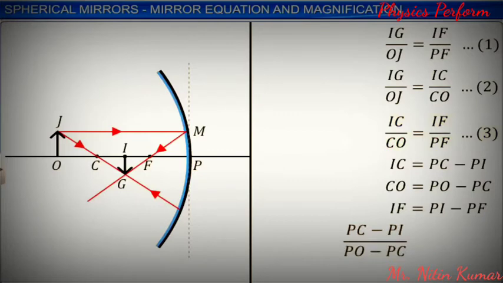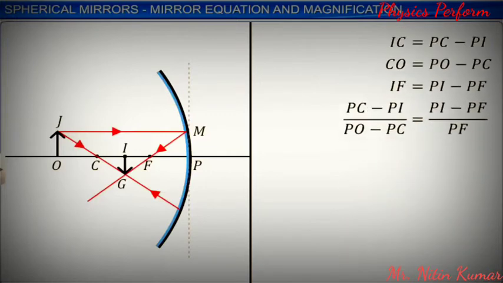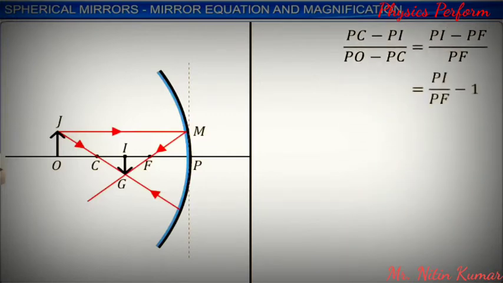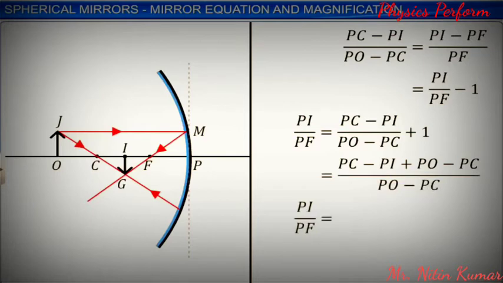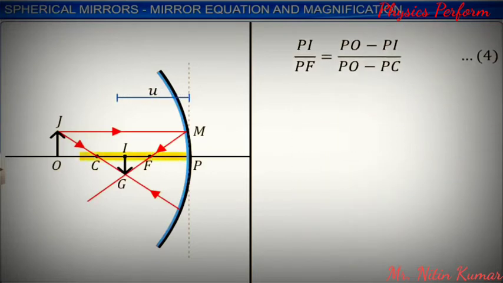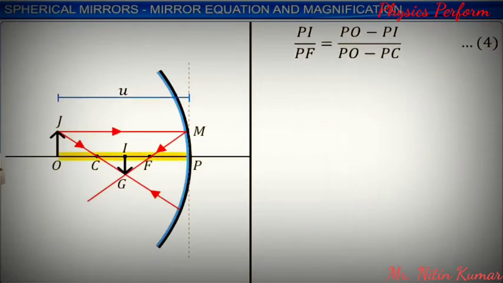On simplification, we get PI by PF is equal to PO minus PI whole divided by PO minus PC. Let this be equation 4. We know that PO is the object distance, PI is the image distance, PF is the focal length, and PC is the radius of curvature.